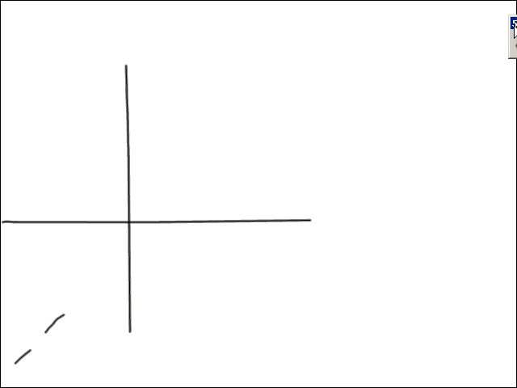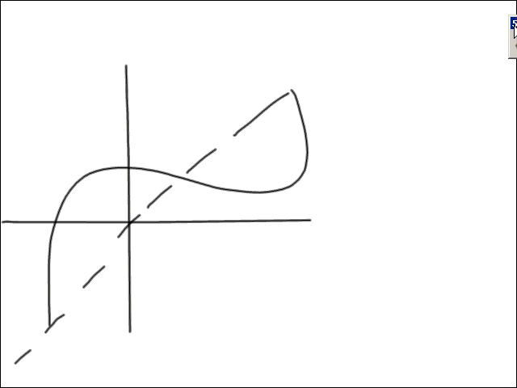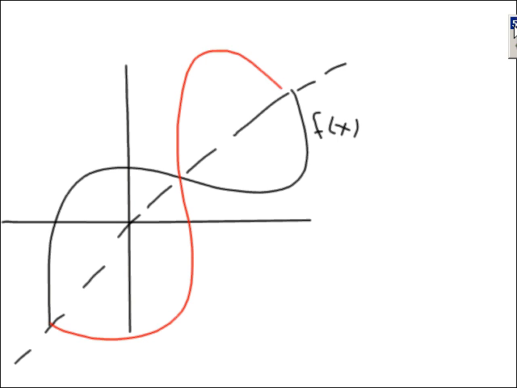Here is the line y equals x. Here is some function. Call this function f of x. The inverse would just be that. That would be the inverse. It's just the mirror image. If this distance is 1 inch, right angle, then that distance at a right angle must be 1 inch.